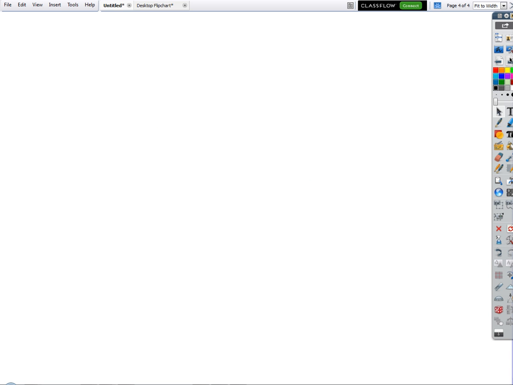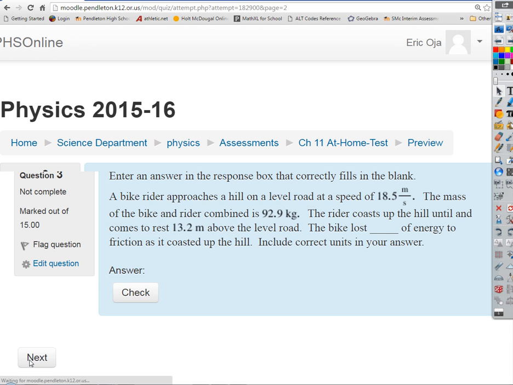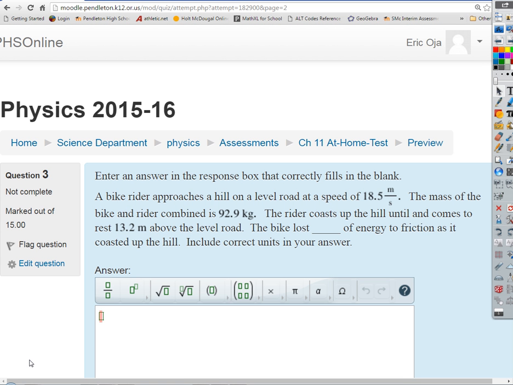So let's look at another one. Does that get you going on that one a little bit? Okay, we did look at one like this, right? Let me just remind you a couple things. If there's no external forces acting on a system, mechanical energy is conserved.